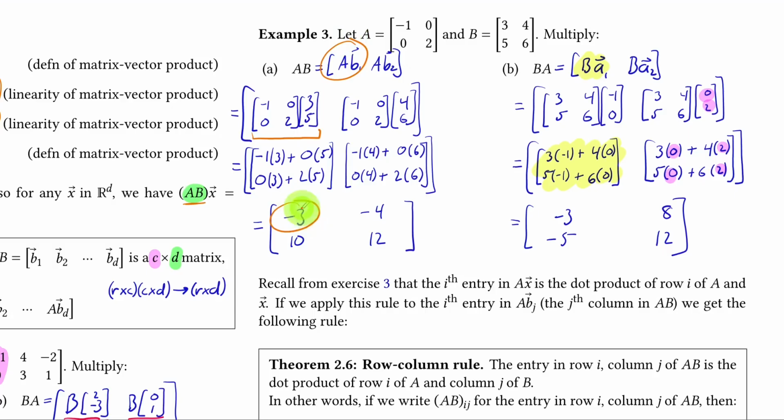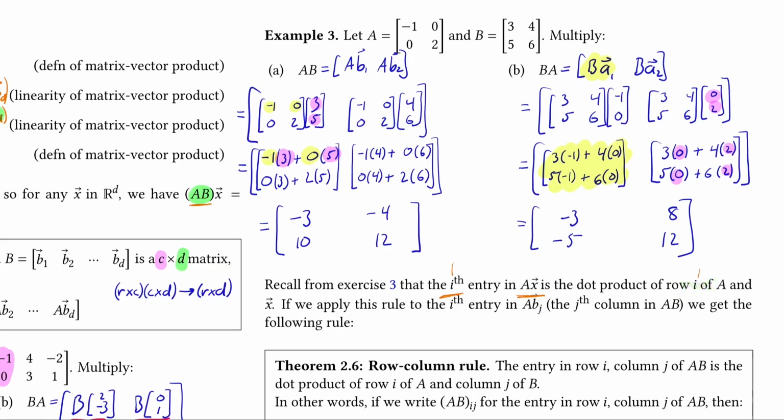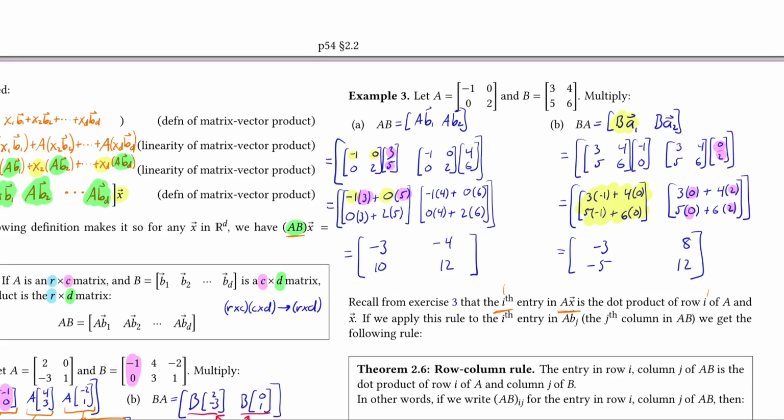Well, we did negative 1 times 3 and 0 times 5 here, right? Or maybe we could highlight this to make it clearer. That is the first entry in A times B1. That is the dot product of row 1 of A, and instead of X, we have B1.